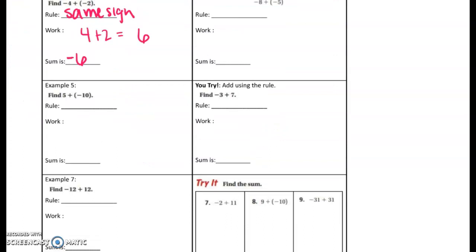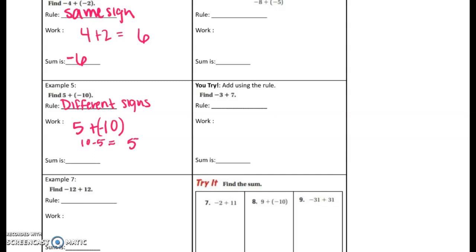All right, so now we have 5 plus negative 10. These are different signs, so we subtract the two numbers. We're going to do 10 minus 5, and that gives us 5.